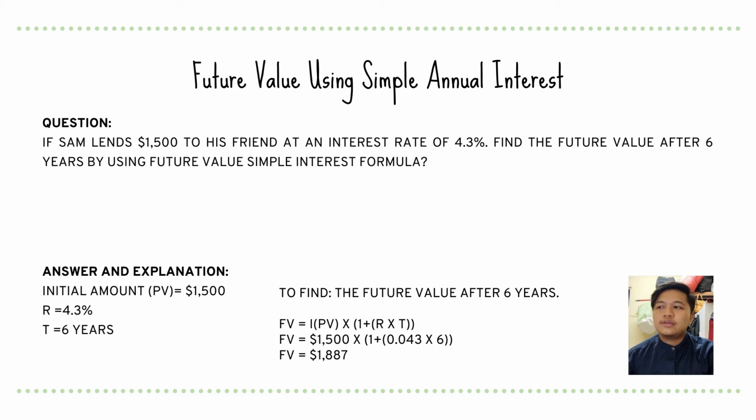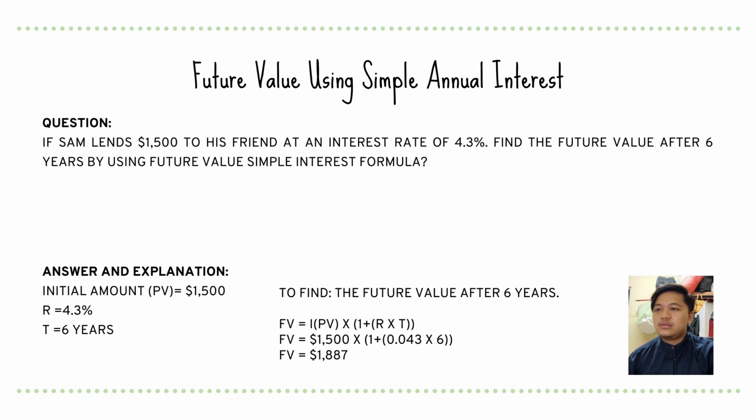So the answer: the initial amount is $1,500, the rate is 4.3% and the time is 6 years. The question asks us to find the future value after 6 years, so we use the future value using simple annual interest formula, which is FV equals I times 1 plus R times T.